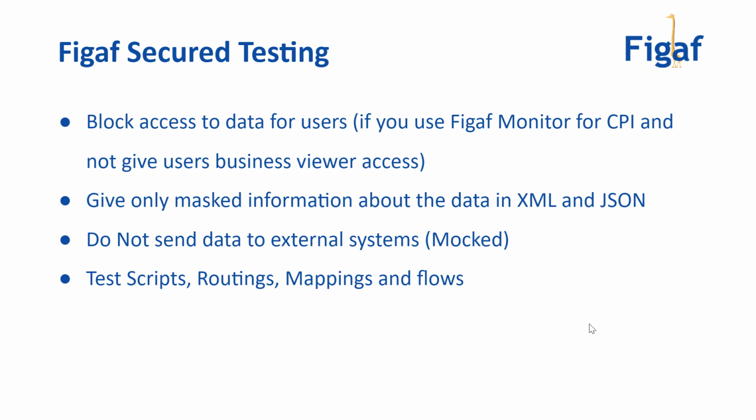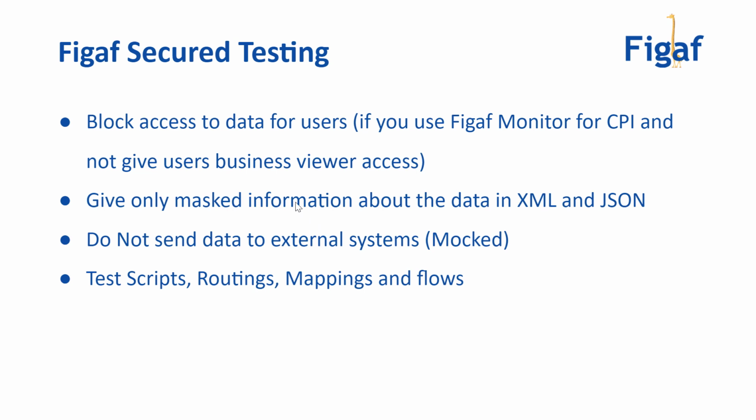With CPI, I guess you can either simply get an extra instance that you'd use for this, or if you use the Figaf monitor for CPI, you can also use that to just show them the data that's relevant. Then you will only give them masked data.